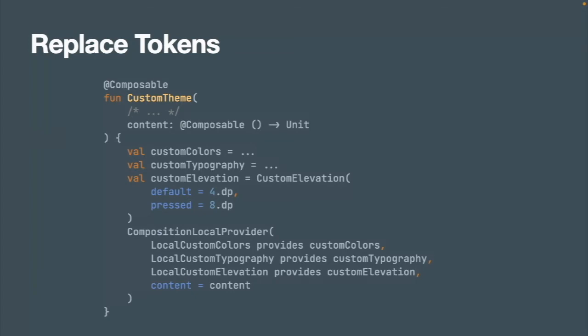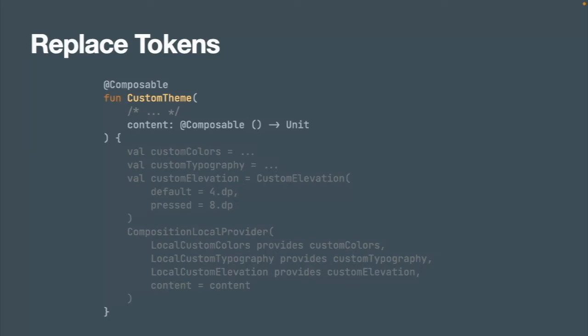Let's say our design system has different tokens altogether. If we want to replace those, we again make a custom theme that takes a content, and then we can instantiate these data classes that model our token systems, just like we wanted.